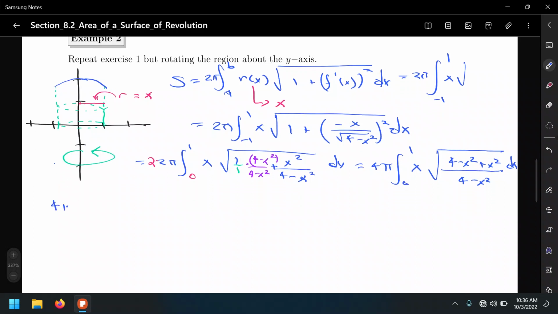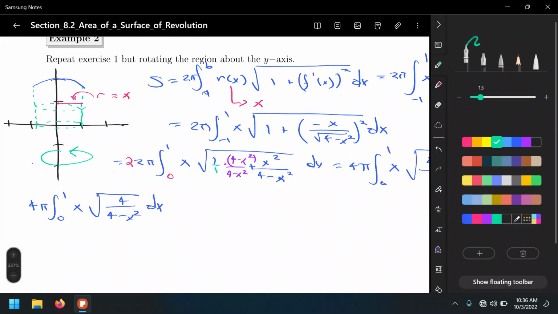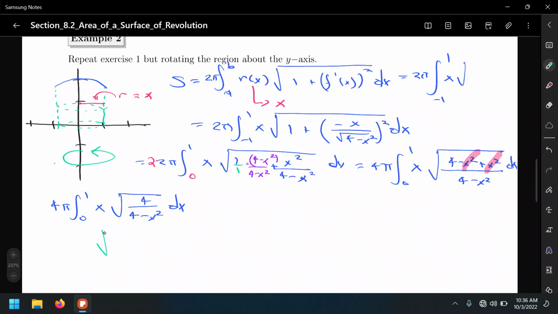So that's 4 pi integral from 0 to 1 of the quantity x times the square root. Notice how these two cancel out, and that's simply going to be 4 over 4 minus x squared. And again, I'm going to use a property of radicals this time: the radical of a quotient a over b is the same as the quotient of two radicals.